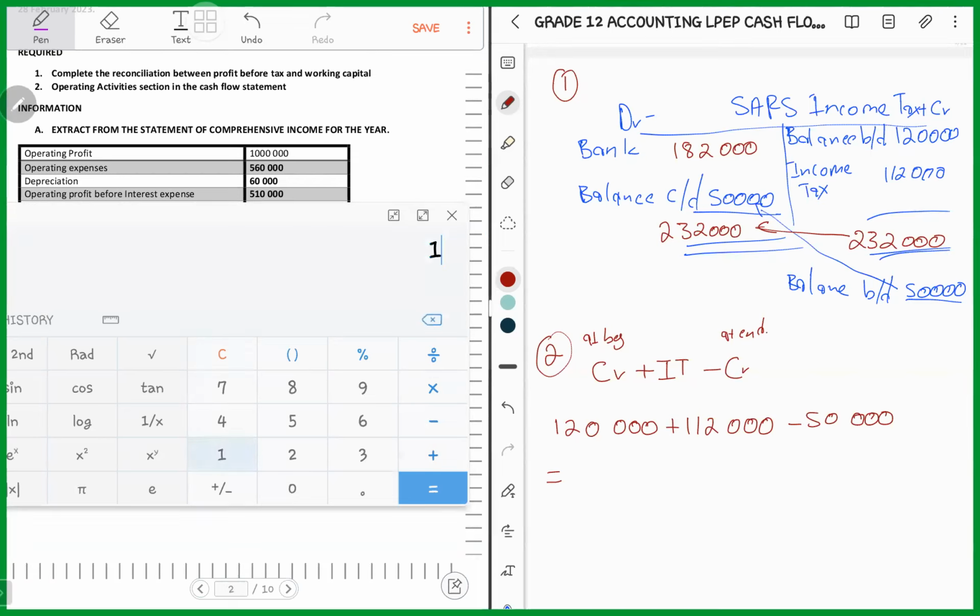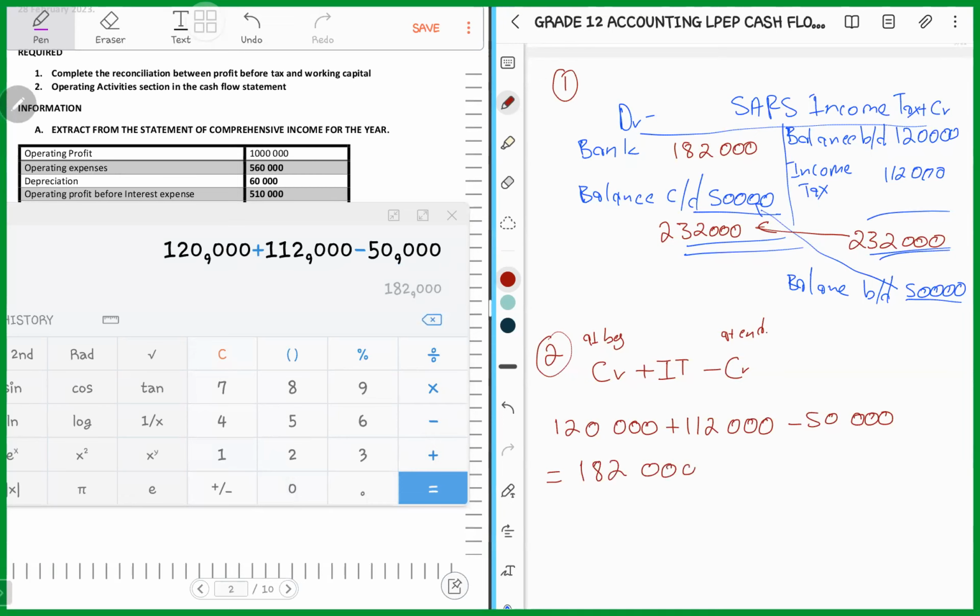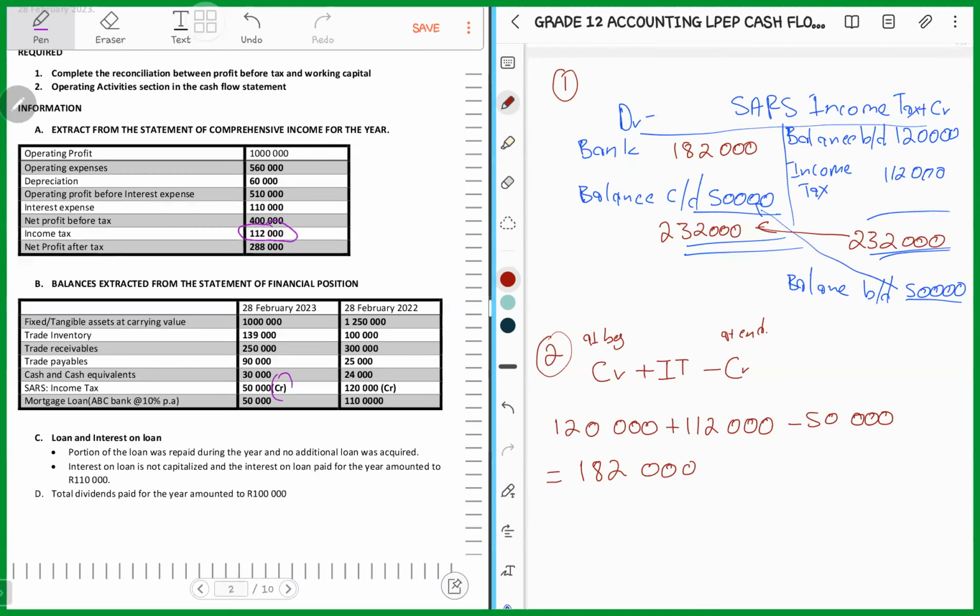So it will be 120,000 plus 112,000, then minus 50,000. It gives us 182,000. There might be other approaches out there that you can use for your own advantage.